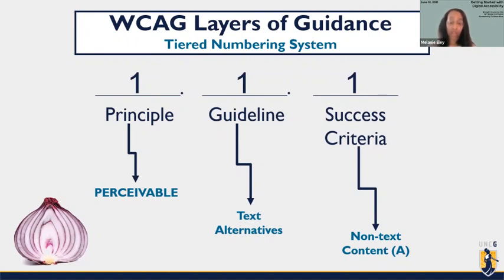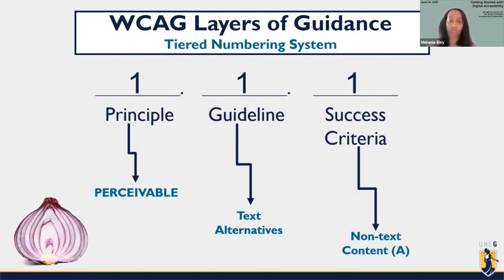The second digit represents the guideline, and in this case, the guideline is text alternatives. And then the third digit is also a 1 in this example, and this represents the specific success criterion, which is non-text content. That's, in a nutshell, how you decode or read the numbering system.